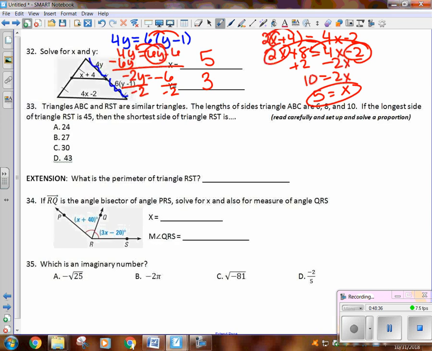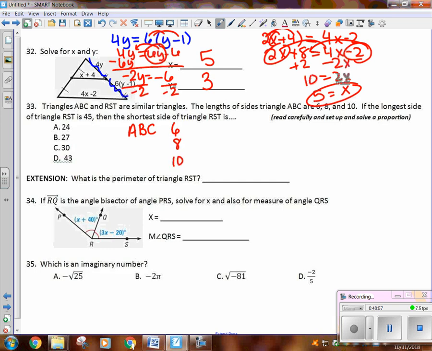All right, triangles ABC and RST, notice I don't even have a picture, are similar triangles. The lengths of the sides of triangle ABC, let's write it like this, ABC, are 6, 8, and 10.